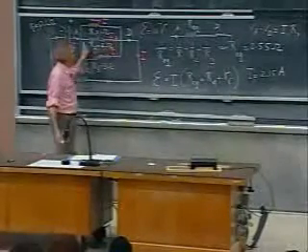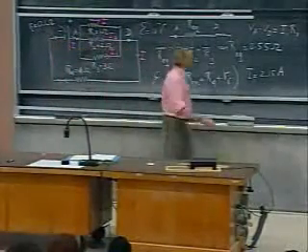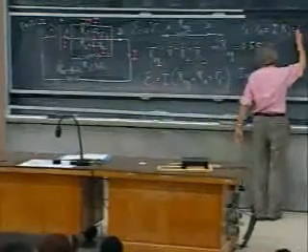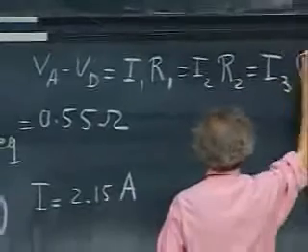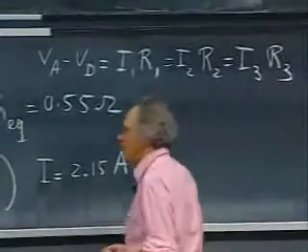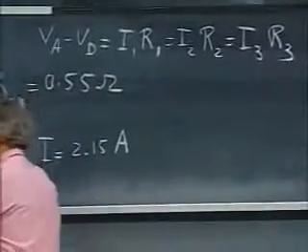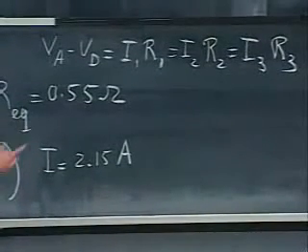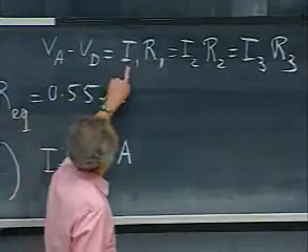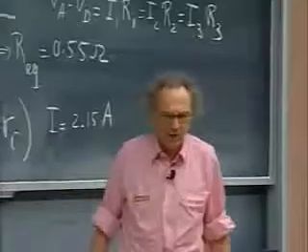I must get the same potential difference. So it's also I2 times R2, and it must also be I3 times R3. So if I only could find I2, then of course I would know the potential difference. Out pops immediately I1 and out pops immediately I3.